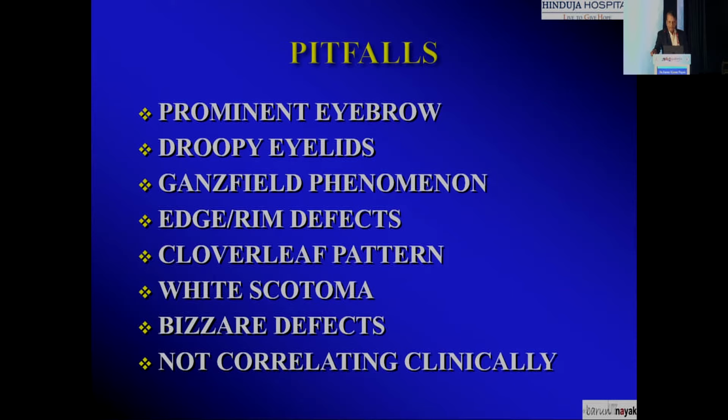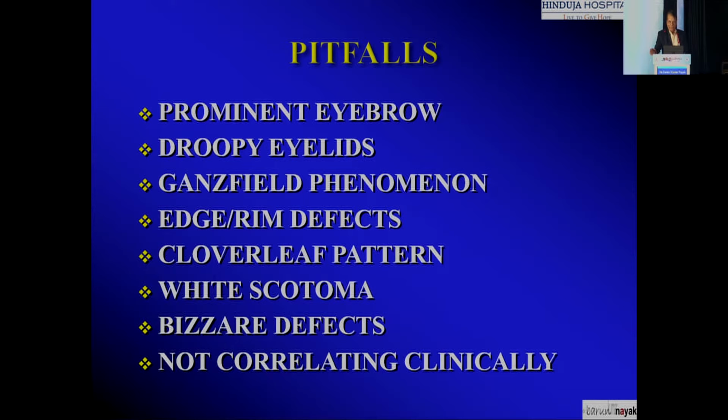Then there is the Ganzfeld phenomenon. I don't know how many of you have sat on the automated perimetry machine yourselves and done the test. Then you will realize the difficulty with the patient. Patients don't like this test, although we always insist. Whenever we say repeat the test, the patient says, doctor, can't you do it without this test?